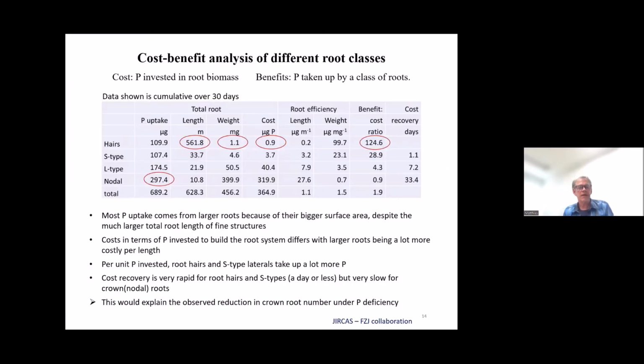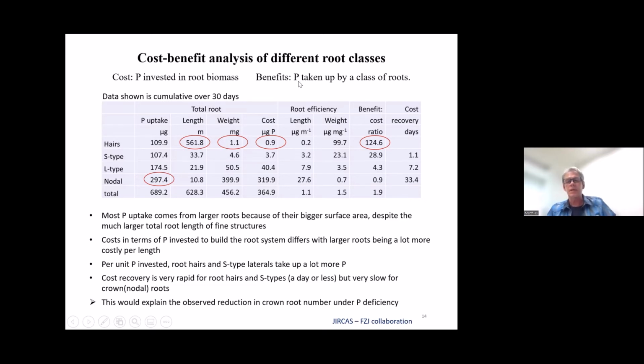Anyway, one very interesting result from this modeling was a cost-benefit analysis we did for different root classes. The cost is the P invested in root biomass, because we do our modeling under P-limiting conditions. P is really the growth-limiting factor, and therefore the cost we have to consider mostly.